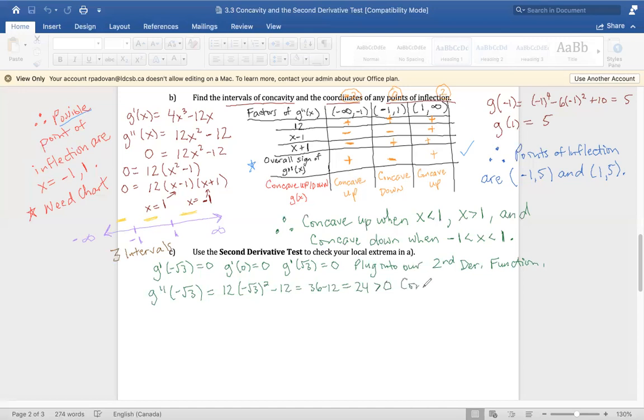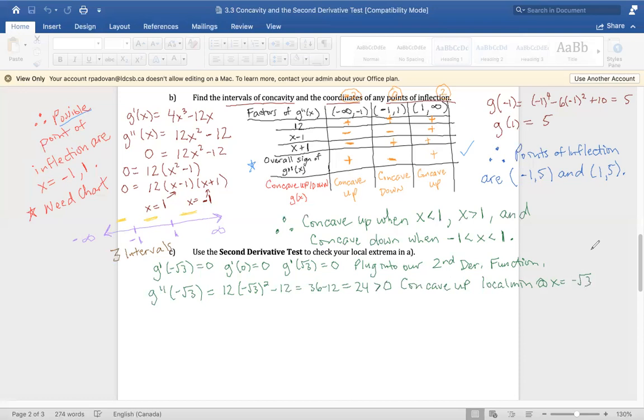So concave up. And if I was concave up, like I see here, concave up would be a smiling face, then I would have a local minimum. So I have a local minimum at the x value of negative square root of 3. That's the conclusion that I can make.